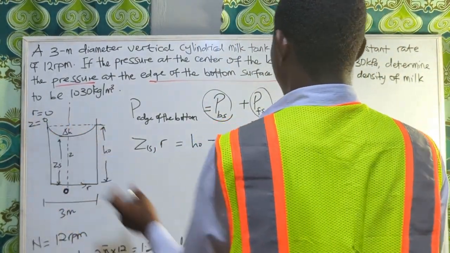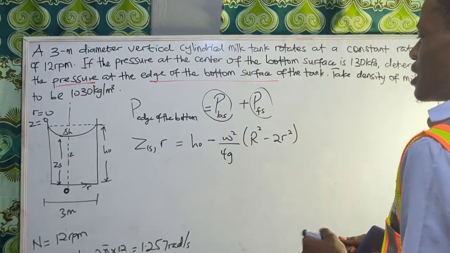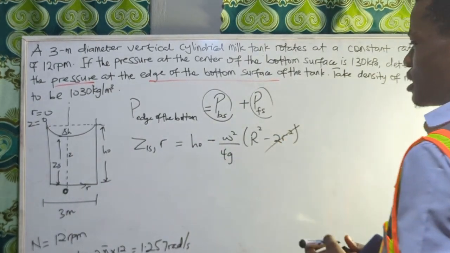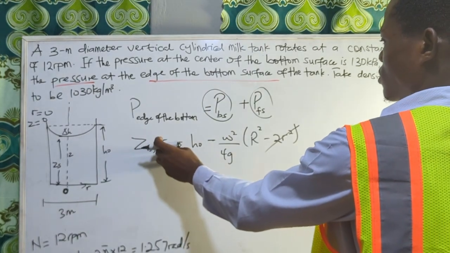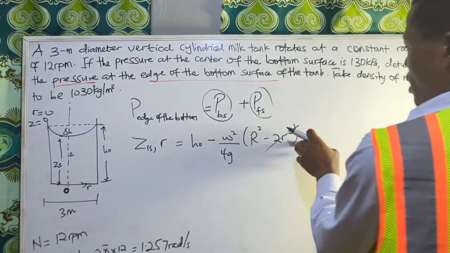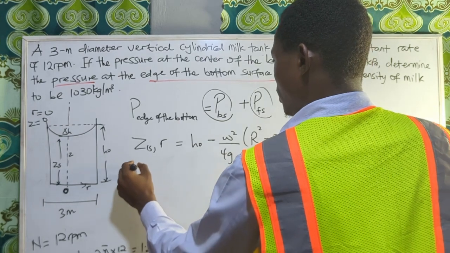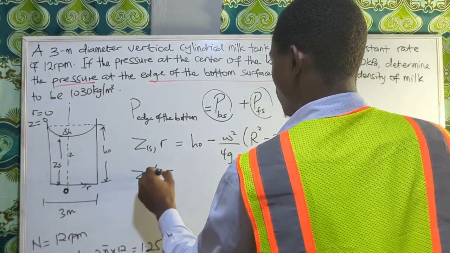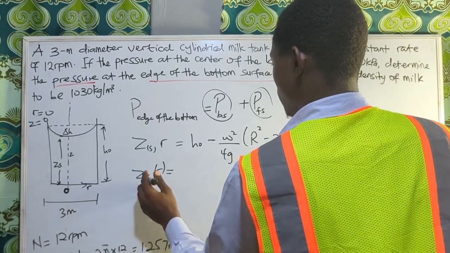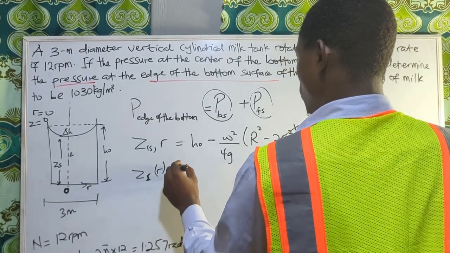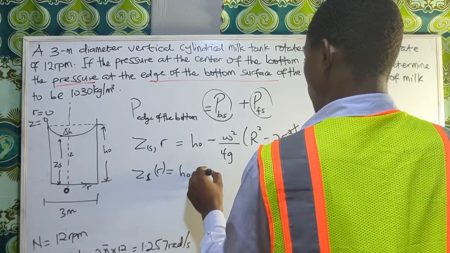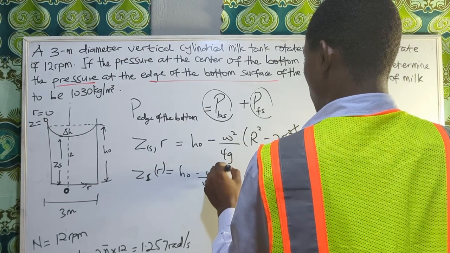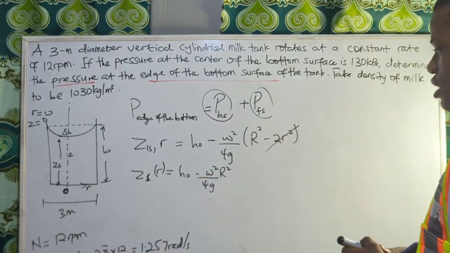In knowing this, we can cancel out certain stuff here. So small r is going to be 0, and we are left with ZS at r equal to 0 is H naught minus omega squared over 4g big R squared.